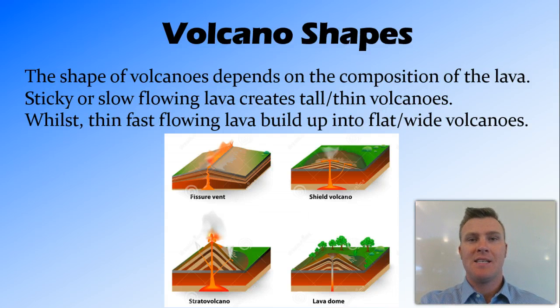However, if it's sticky, thick lava, rather than running off the side, it'll cool and solidify before it hits the bottom, and this causes the volcanic layers to layer on top of each other and form a tall, thin volcano, like a stratovolcano or a cinder cone. And depending on how this happens, and over thousands of years, you can get any sort of combination of the two.